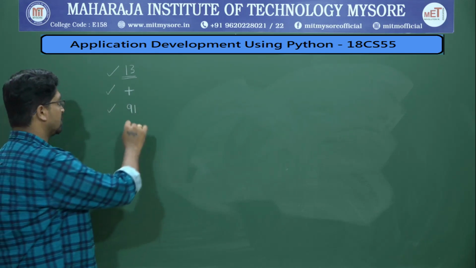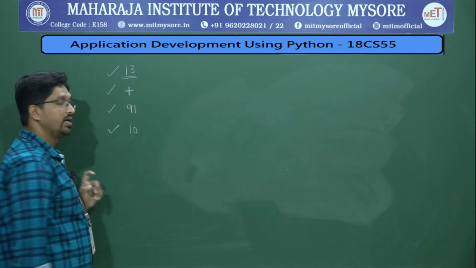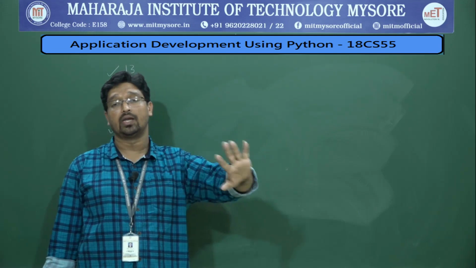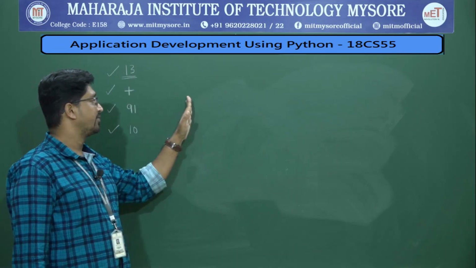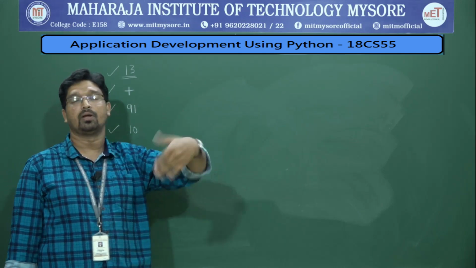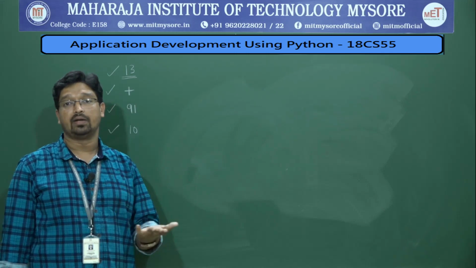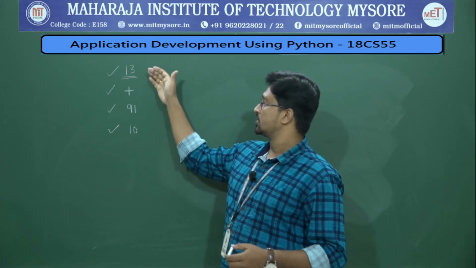The fourth checking is that there should be 10 digits, only digits, not any other characters. Let us say you have plus 9 1 followed by 5 digits, then in between you have some characters. Then again it is not valid. These are the 4 checks we should perform.